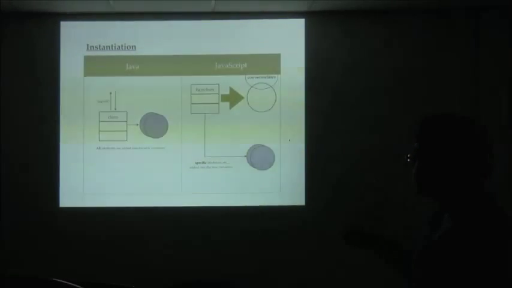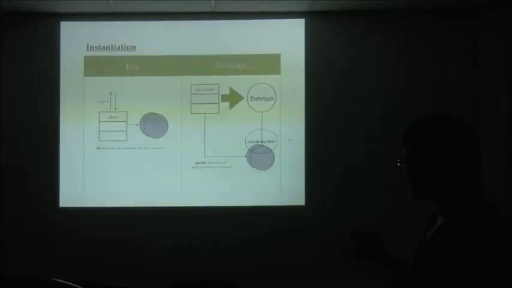And if the new instances want that particular attribute or common behavior, they're going to have to consult that object, the function's object, and get it, basically. So that's the idea behind how an instantiation happens in JavaScript.